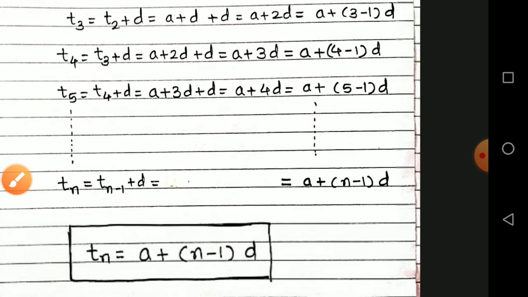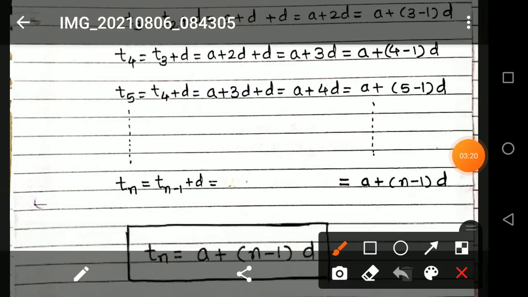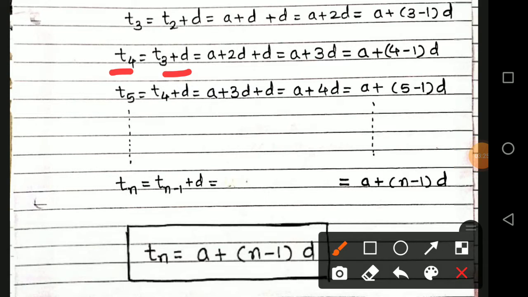Now the fourth term of the arithmetic progression. If we add the common difference to the previous term, then we get the next. That means to form T4, I have to add the common difference to the third term. Now T4 is equal to T3 plus d.